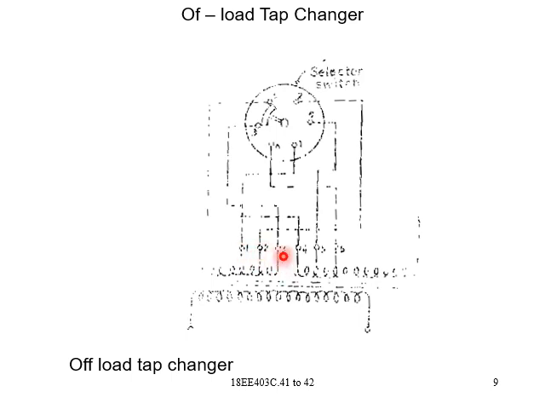See, 1 2 3 4 5 and 6, with a selector switch that we can connect to either 1, 2, 3, 4, 5 or anything else, depending on your requirement. So this is an offload tap changer.